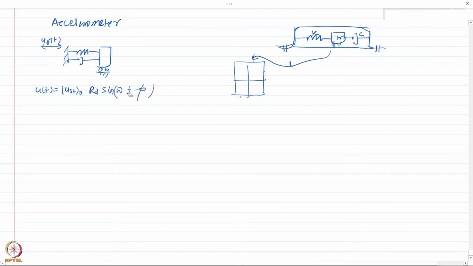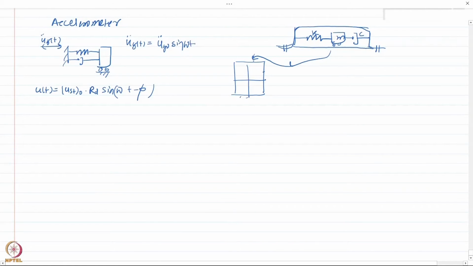This is not omega n, this is omega t. And the excitation is in the form of UG(t) equal to, so this is acceleration here, UG naught times sine omega t.